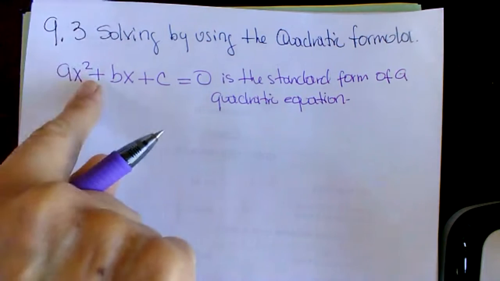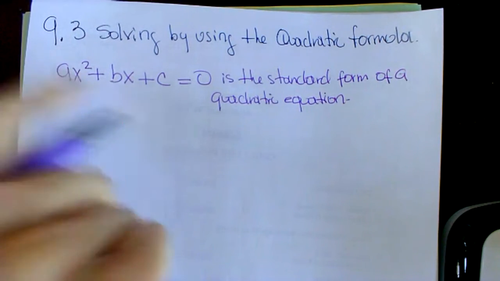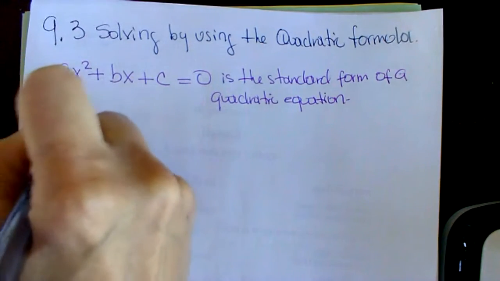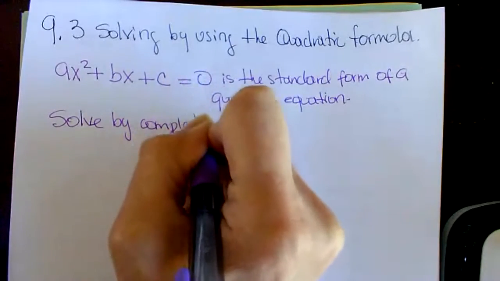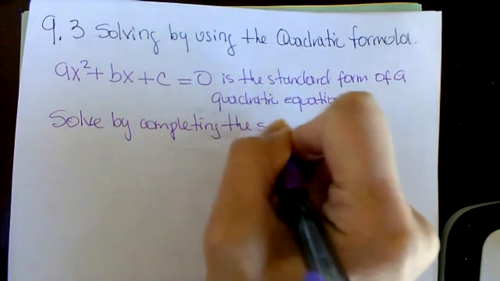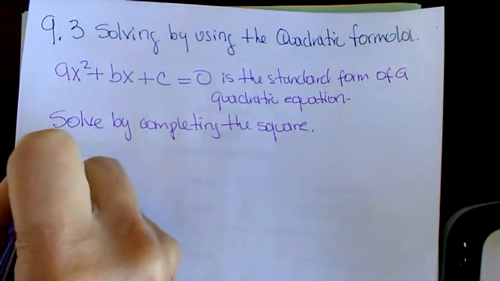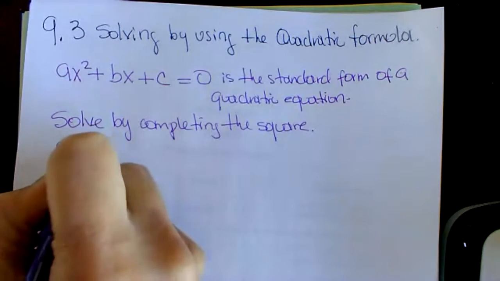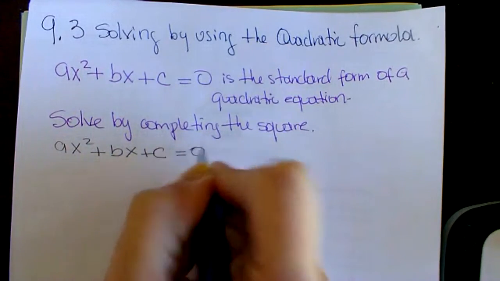Now we're going to solve this by completing the square. That's what we're doing. So we have ax squared plus bx plus c equal to 0.